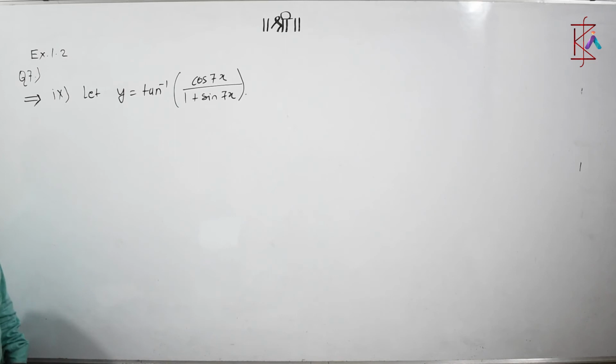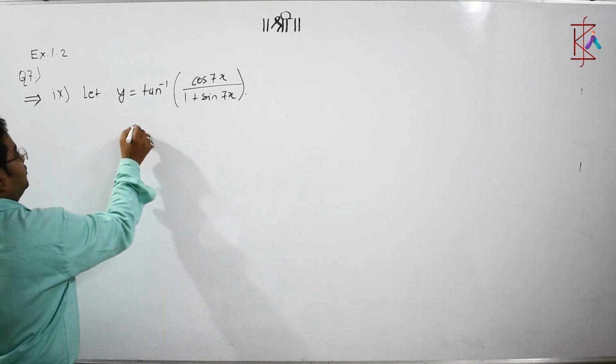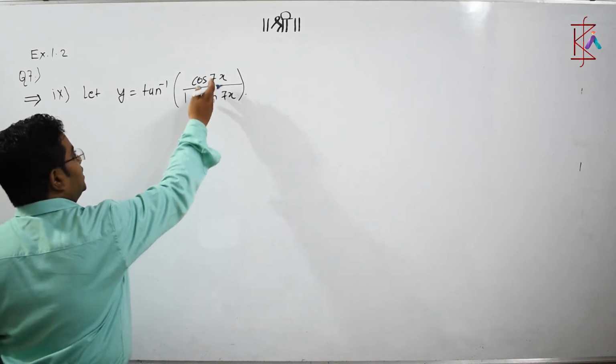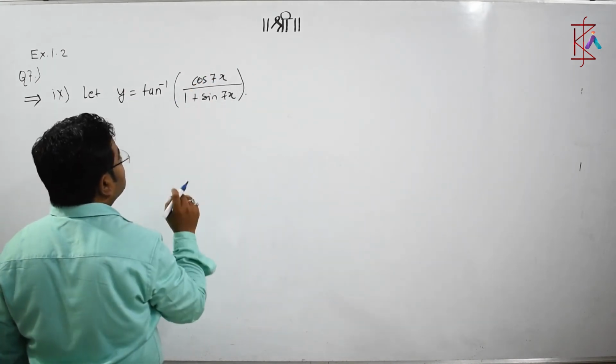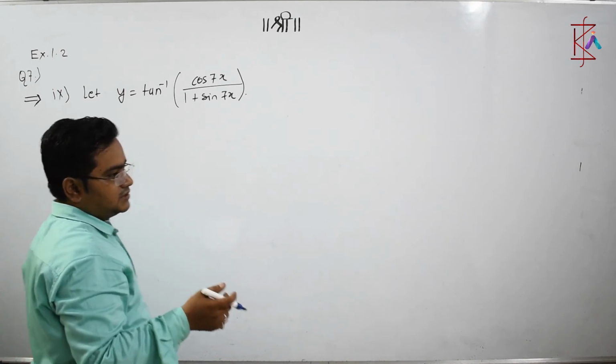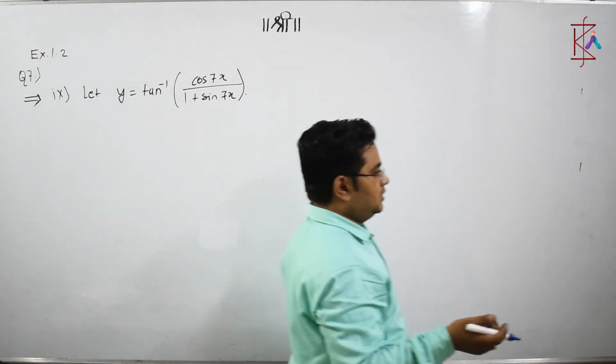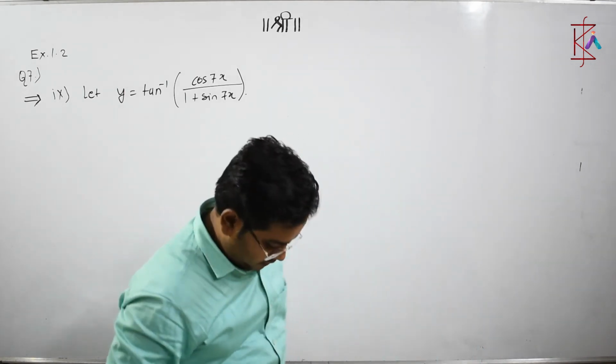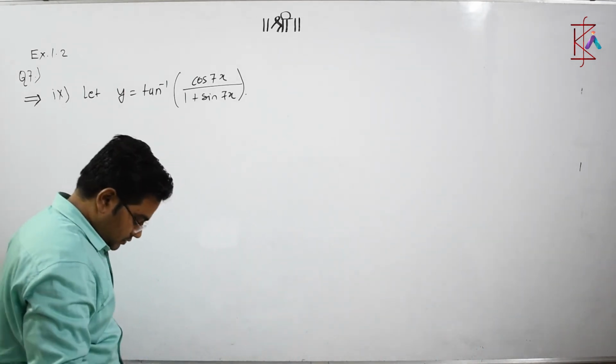Let y be equal to tan inverse of cos 7x divided by 1 plus sin 7x. Correct. Now what is our next step? We need to put these values within this bracket, substituting similarly as we performed for this formula. What is the formula for cos 7x, and what is the formula for 1 plus sin 7x? We need to put these values step by step.